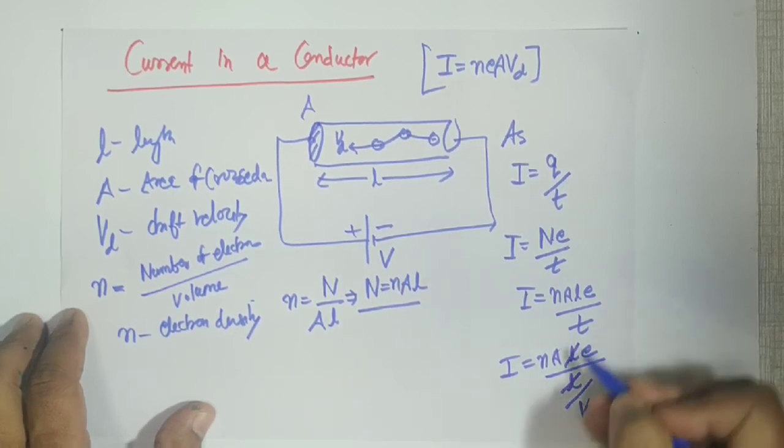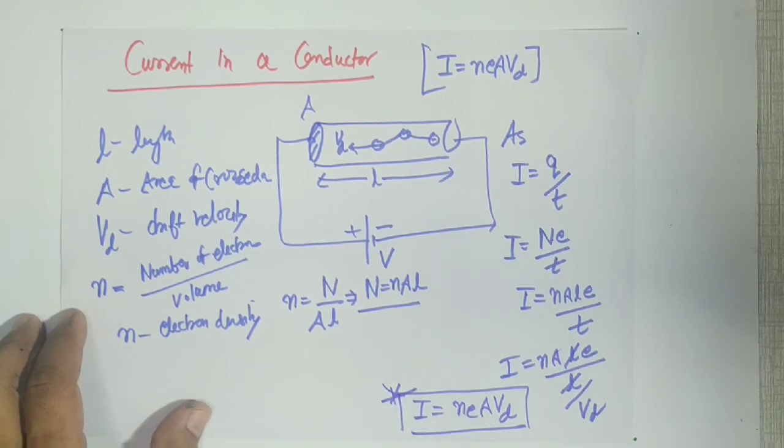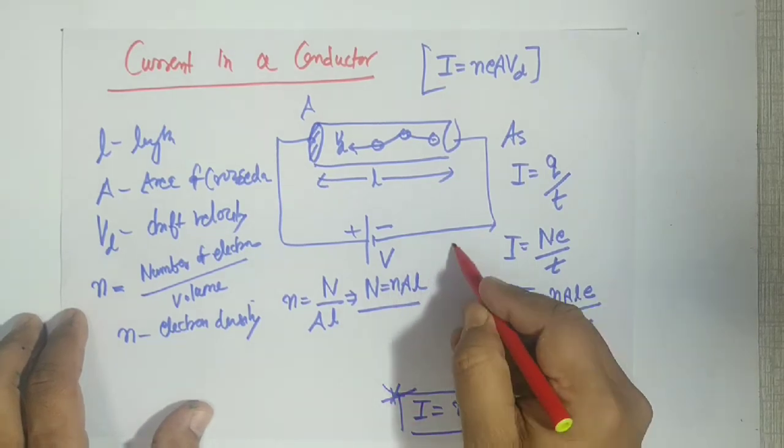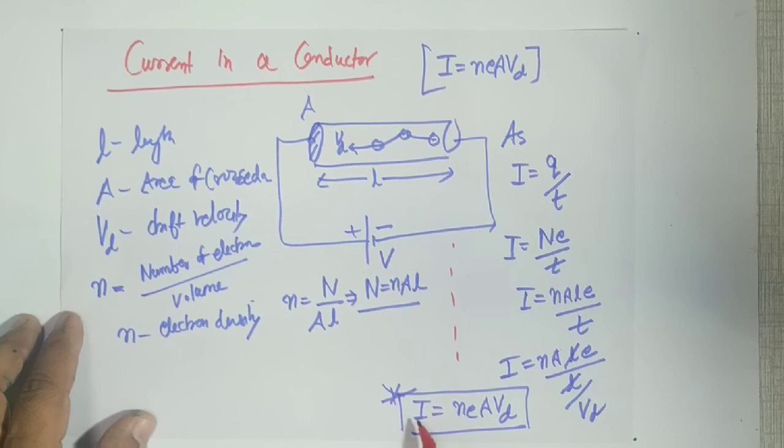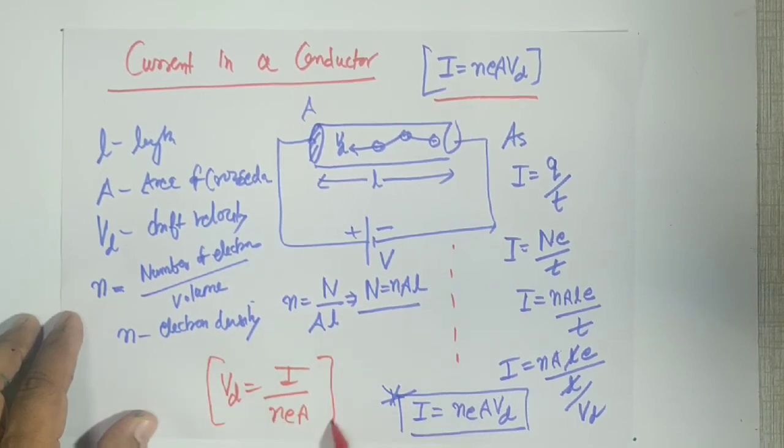So L cancels out, and we get a very important relation, neVd. This is the current in a conductor. So there is a very important expression, I equals nAeVd. If I want to find Vd, I can write I by nEA. From here also I can find the drift velocity.